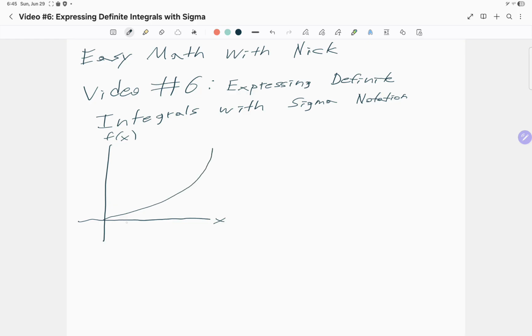All right, and let's say we're starting at some value a. If we want to visualize how we're going to express an integral with sigma notation, we need to think about Riemann sums. So here I'm going to visualize a left Riemann sum with interval length, we'll say, delta x.